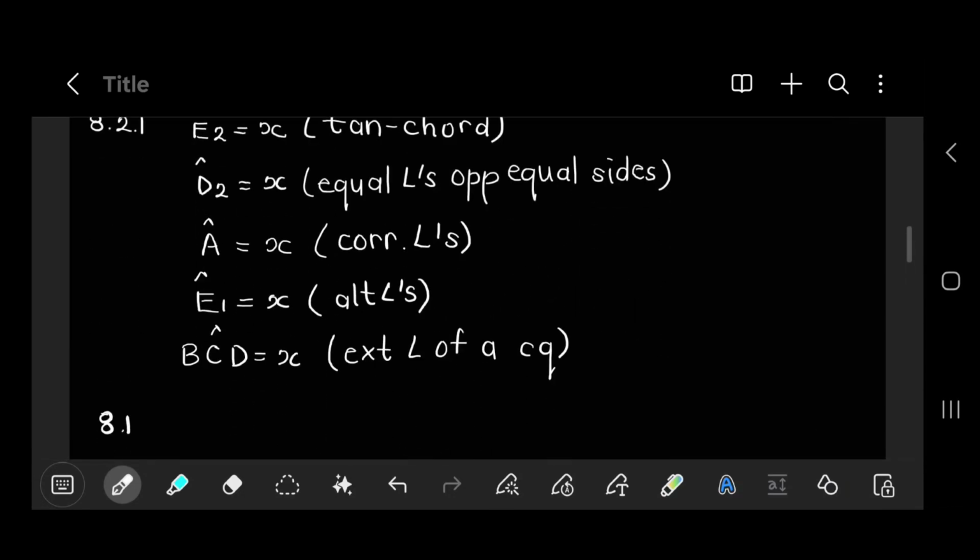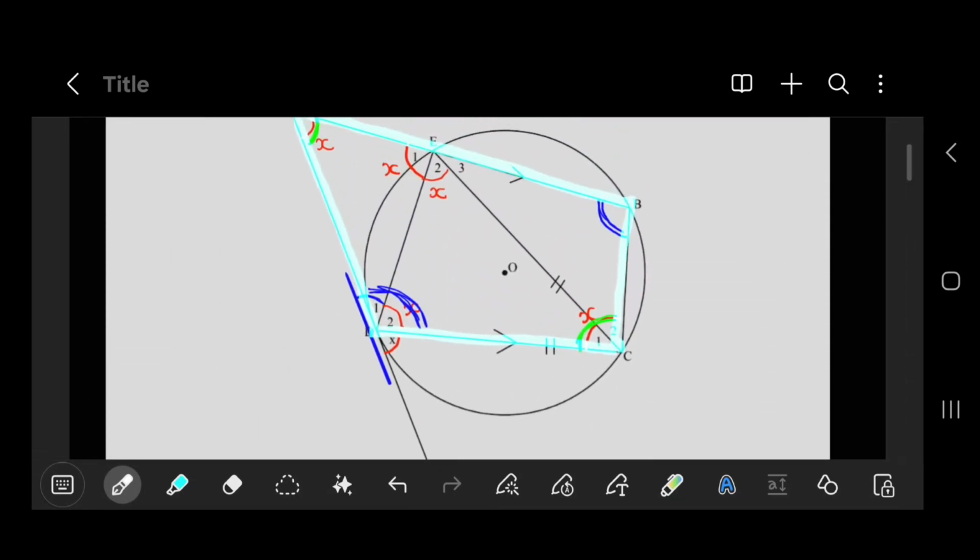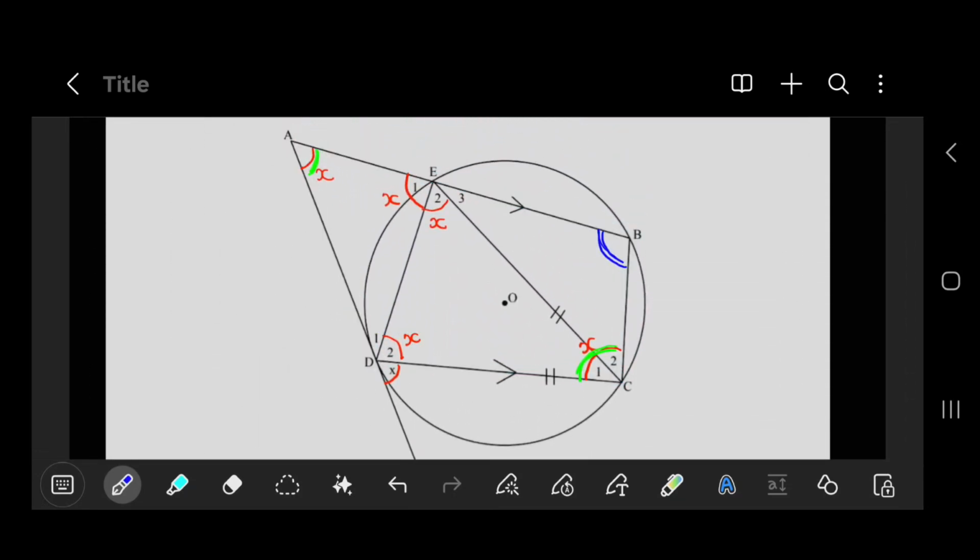This is 8.2.2. Angle D1 is 180 minus 2x, and I got that by using angles on a straight line. Okay, let's fill that in on this diagram. D1 here is 180 minus 2x.